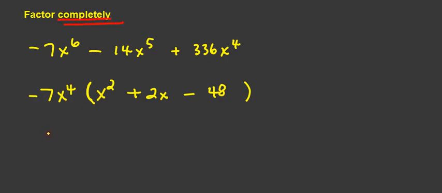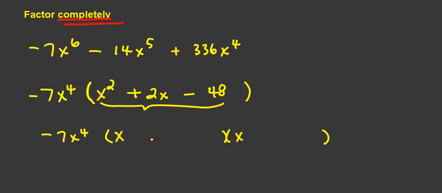So far we've factored the GCF out, but now we want to see if we can factor this trinomial as a binomial times a binomial. See, we got a positive x squared, which is very nice. That's why we factored out the negative. So we want to put an x here and an x here because x times x has to give us x squared.